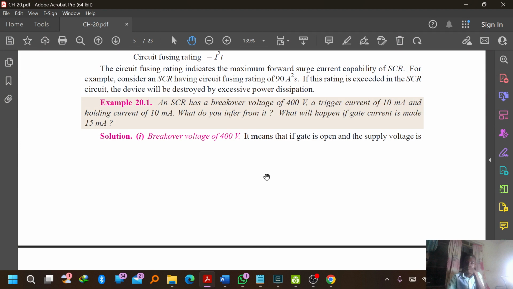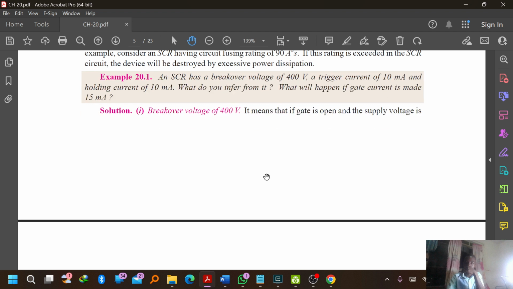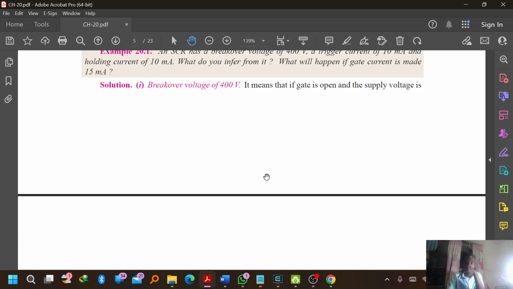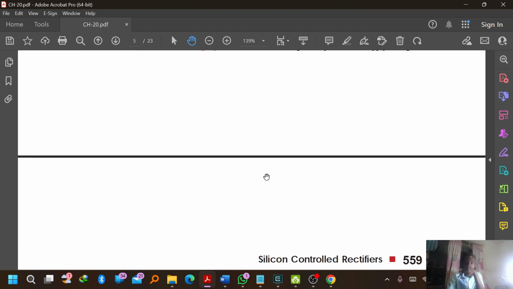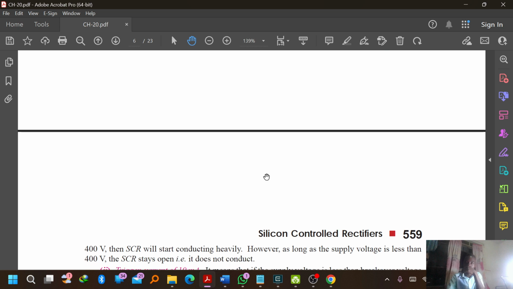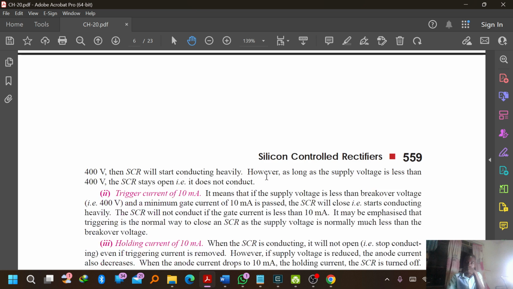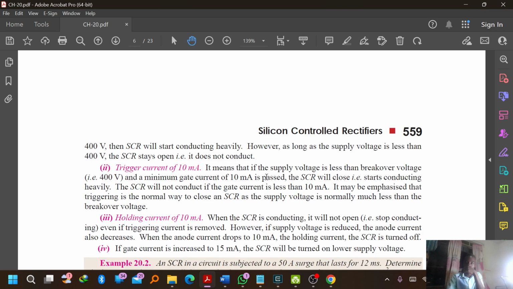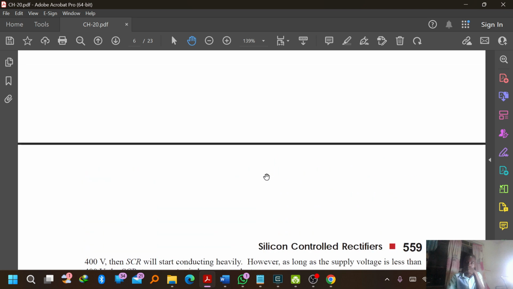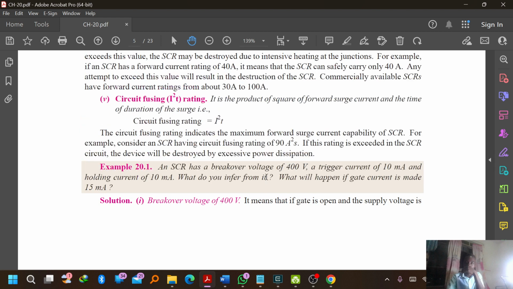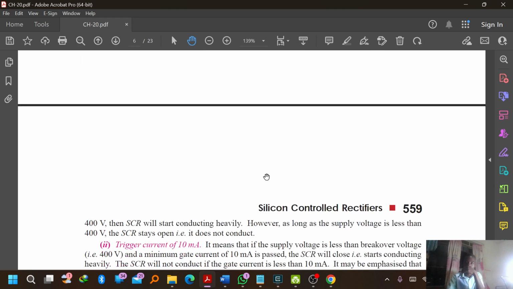What does it mean? Then they're also telling us to explain about the trigger current, the holding current. It's just explanation of the other formulas that we had stated.